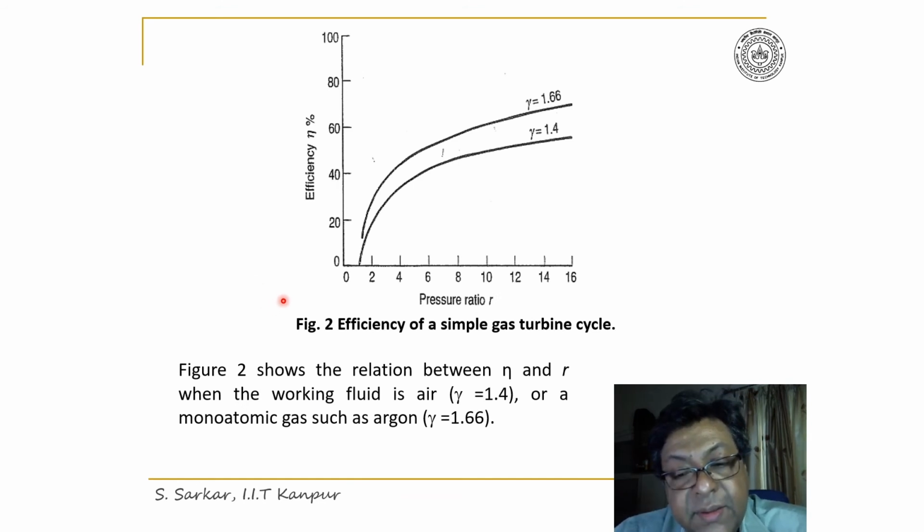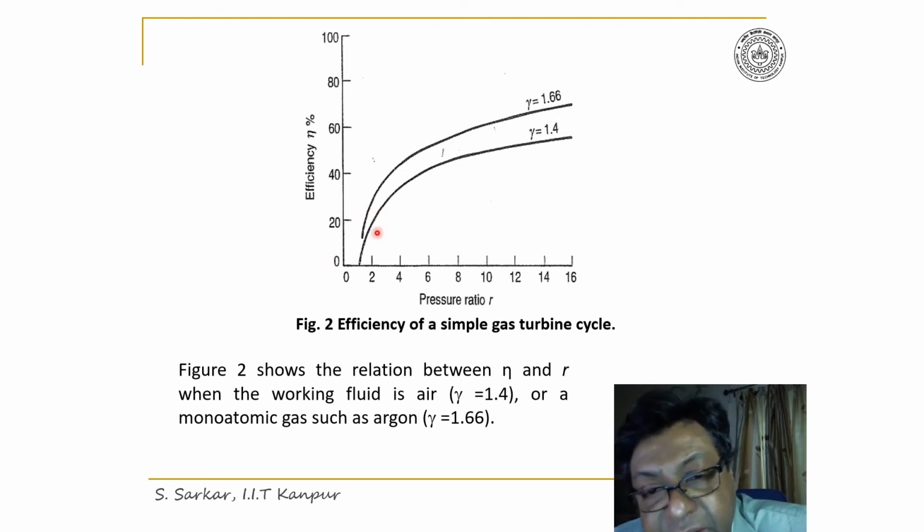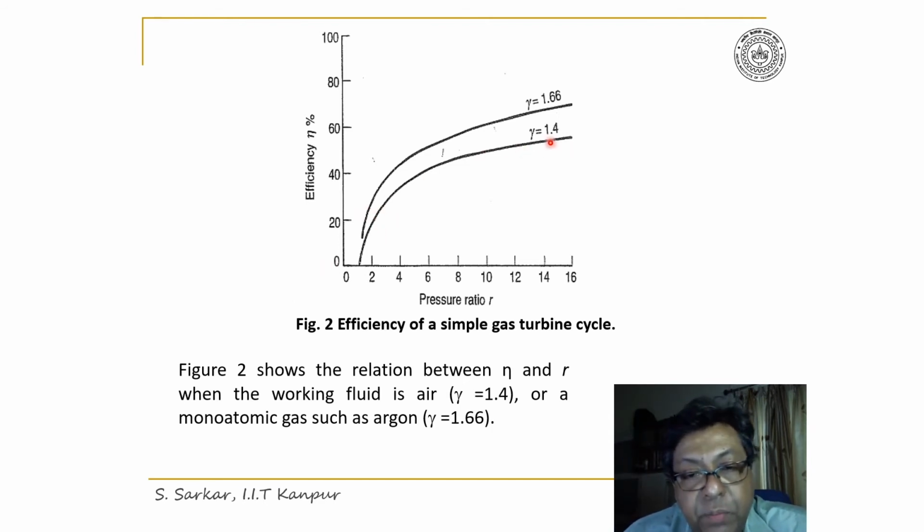Look here, figure 2 illustrates the efficiency of a simple gas turbine cycle for different pressure ratios and also for different working fluids. So I have expressed here gamma is equal to 1.4 and 1.6. 1.6 represents a monoatomic gas such as argon, say.